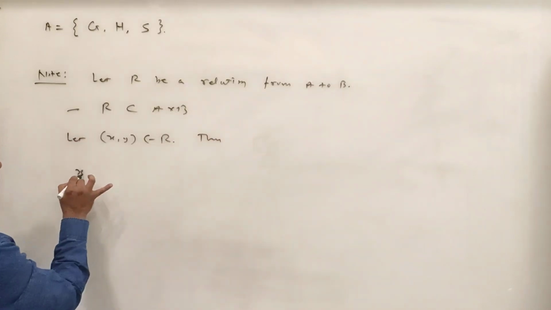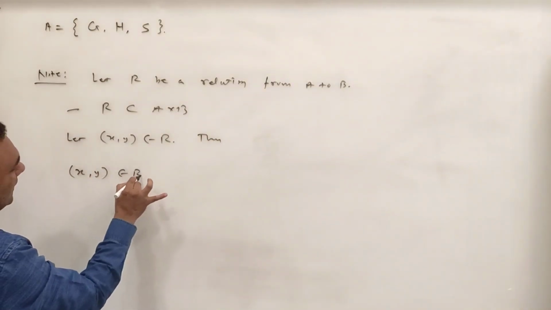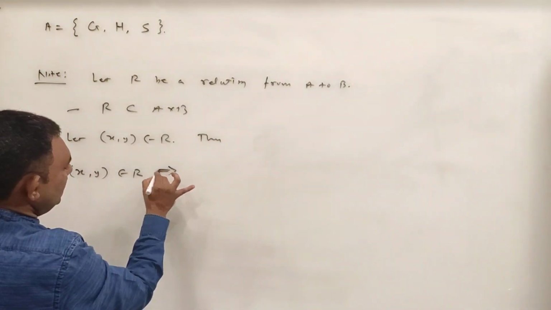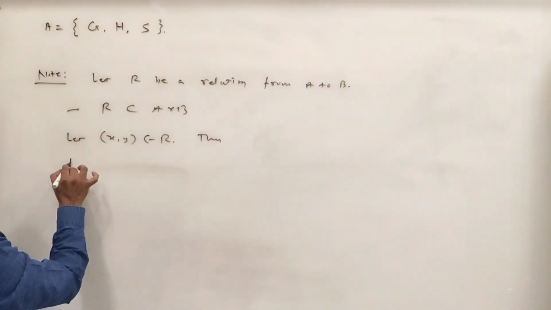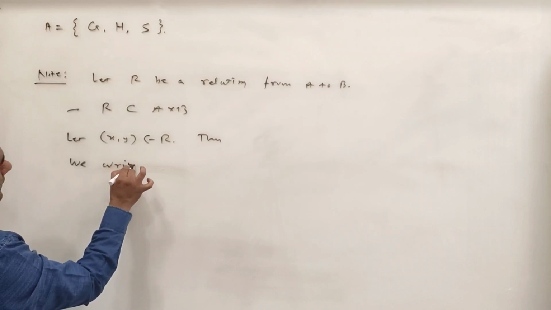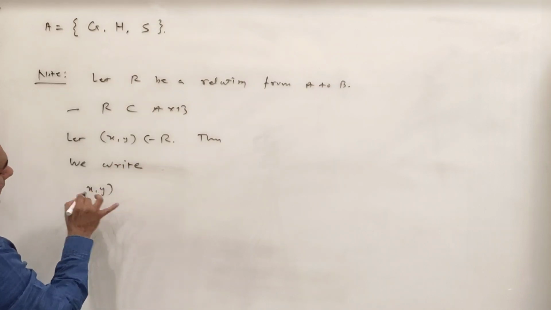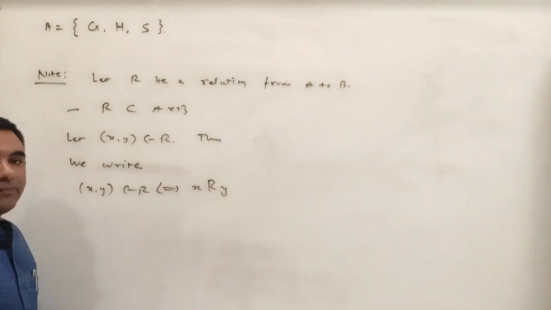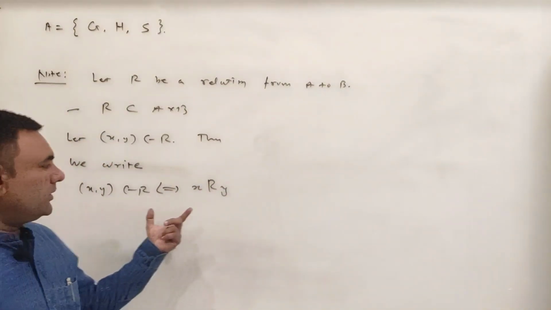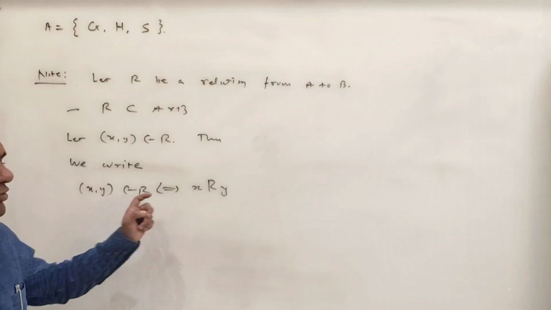Then this X comma Y belongs to R is equivalent to, let me write it this way, XY is in R, which means X R Y. You can write it in this way or that way, there is nothing mathematical, this is just notation.